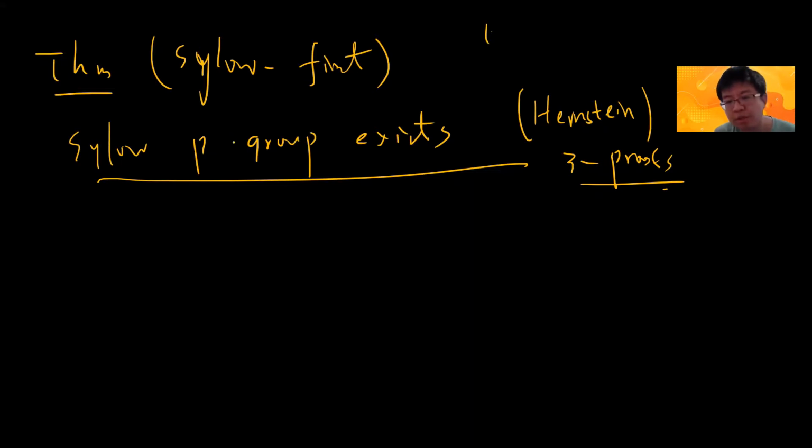Let's do the standard counting proof. Before we do the counting proof, you should go to my previous video list about group actions, so that you will understand the proof. Let's quickly review the 3 lemmas we need.